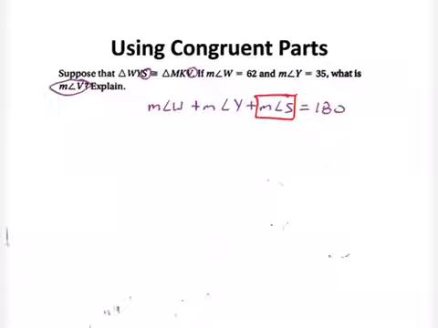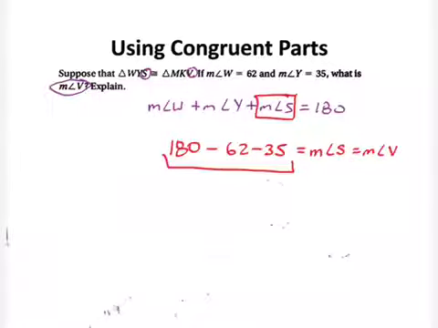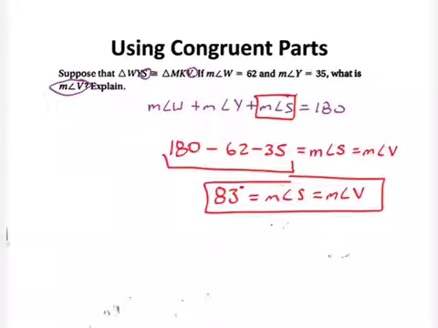So all we're going to do is take 180 minus the two angles we know, and we're going to figure out the measure of angle S, which is the same measure as angle V. So 180 minus 62 minus 35 gives us a total of 83 degrees, which is the measure of angle S, which is also the measure of angle V. So angle V is just 83 degrees.